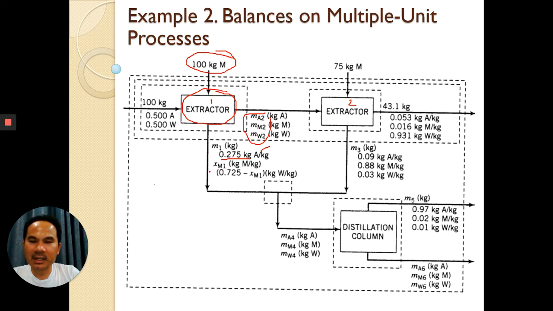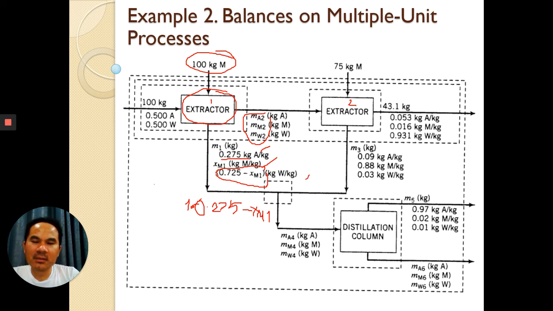And also we specify XM1 as the mass fraction of M. We have three components, A, M, W. The mass fraction of water is 1 minus 0.275 minus XM1, which gives 0.725 minus XM1.